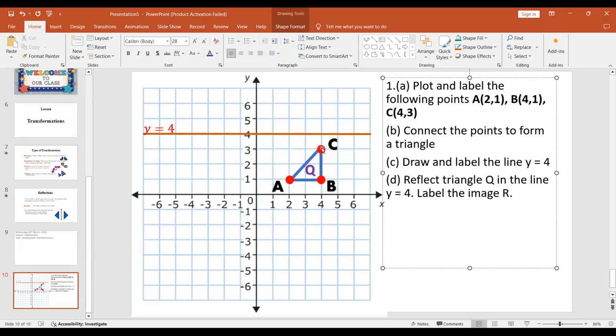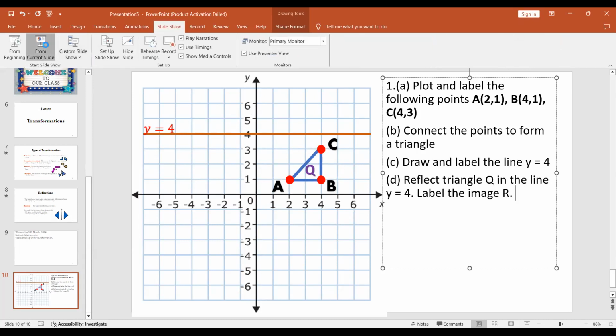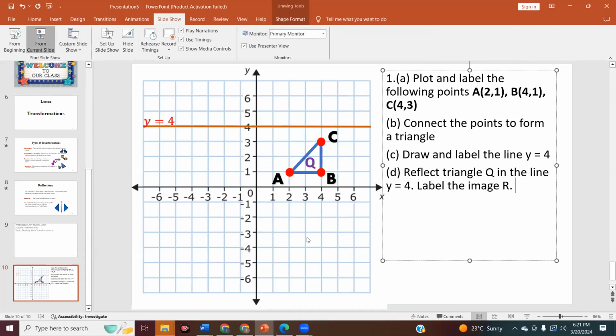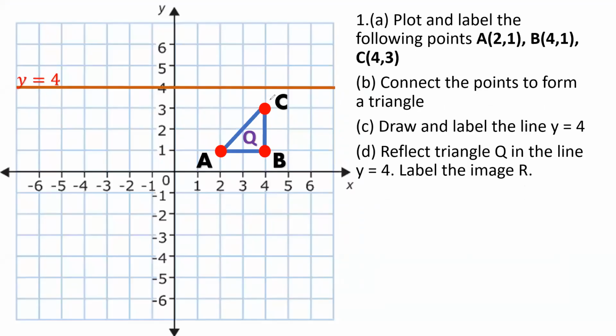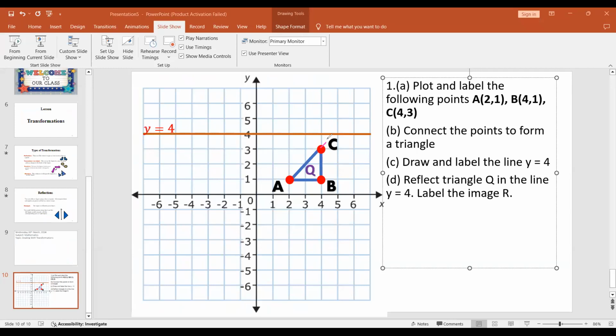Okay, so we have to reflect this triangle in the line y equals 4. Basically what we have to do is exactly what we did yesterday. We have to count. We're going to move this how many times? Once.